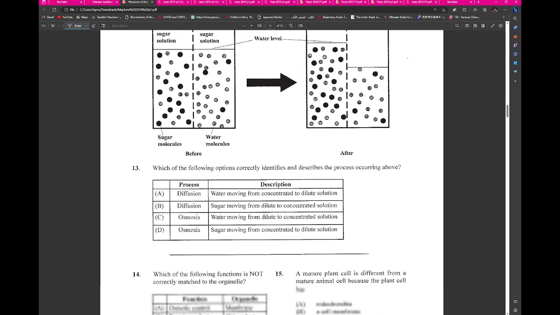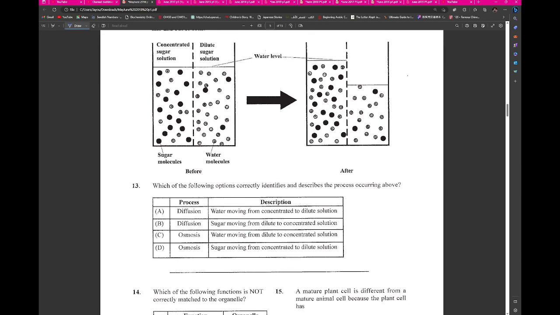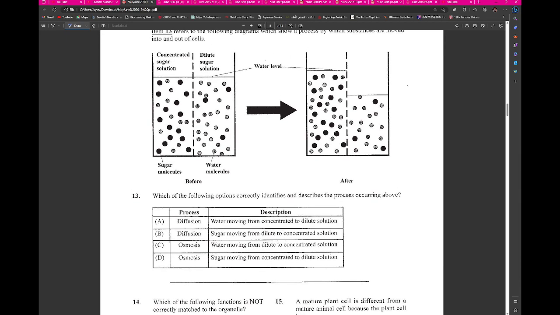Seeing here now, which of the following options best correctly identifies and describes the process occurring here? That looks like sugar. So more concentrated goes here. So water moves right here. Is the water moving?